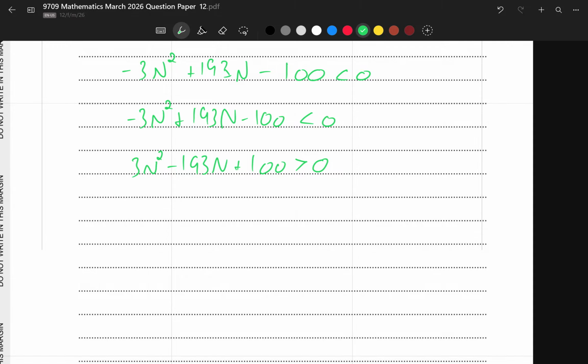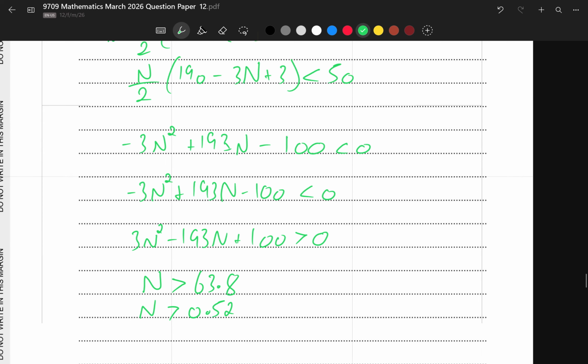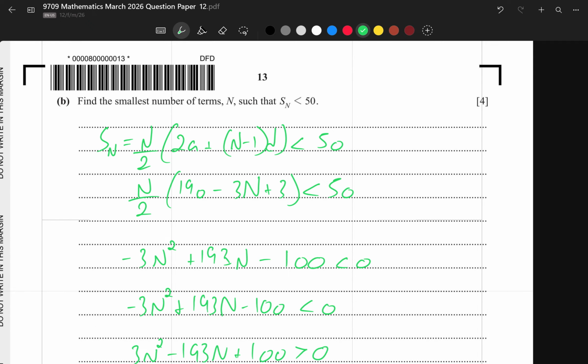We'll solve it to get n is greater than 63.8 or n is greater than 0.52. Now n greater than 0.52 gives n equals 1, and n equals 1 cannot be the answer, as the sum cannot be less than 50.